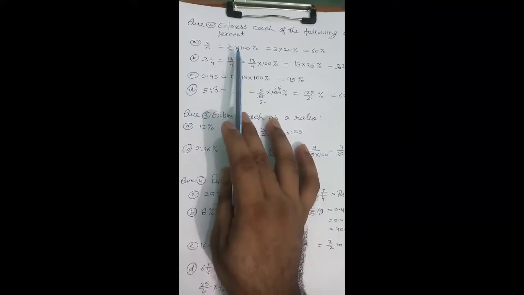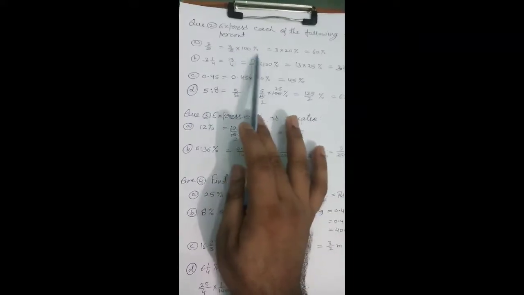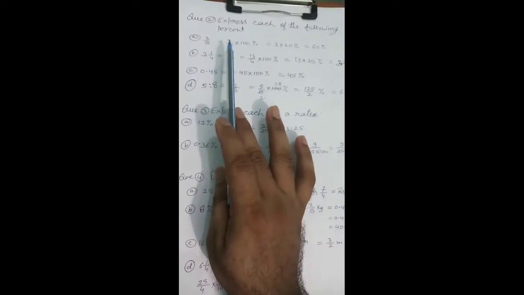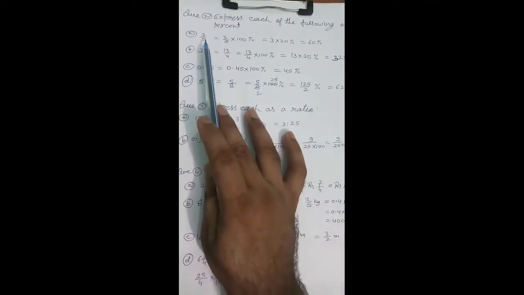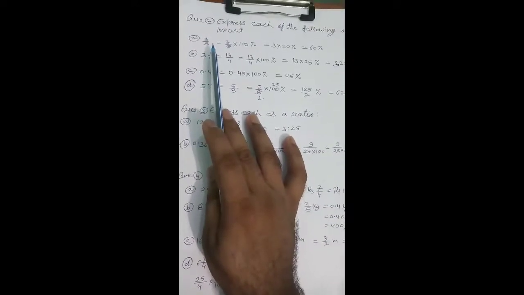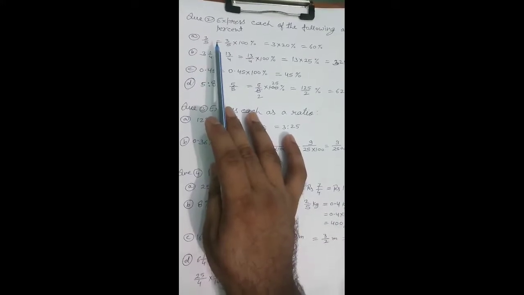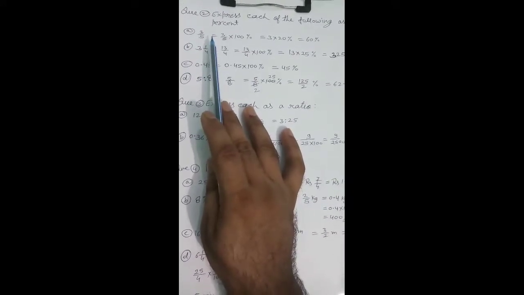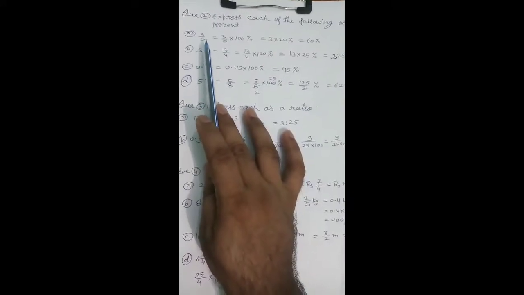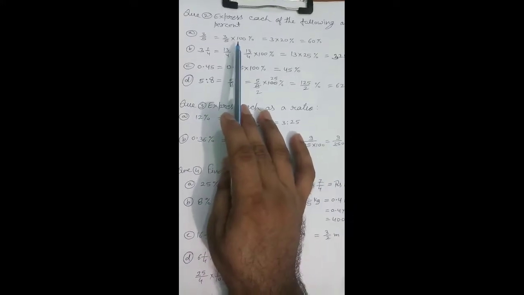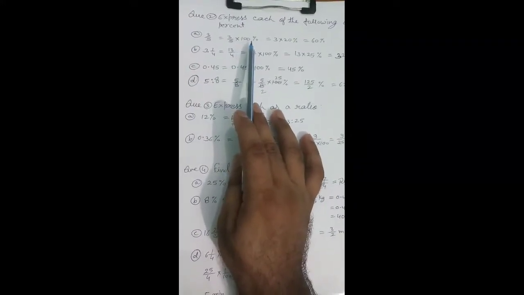Whatever you multiply, the value of the expression should not be changed. We are converting 3 by 5 into percentage. Numerical value will change, but actual value will remain the same. So a fraction is converted into percentage by multiplying by 100%.